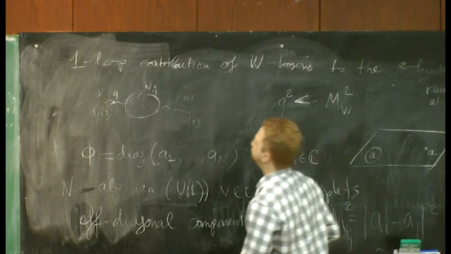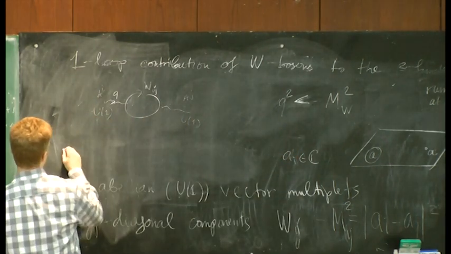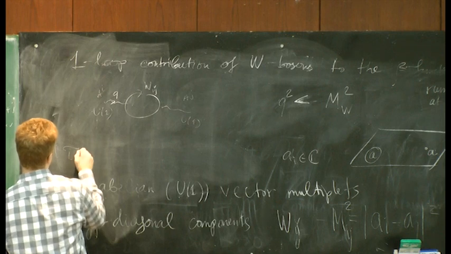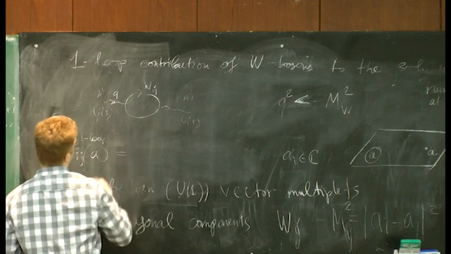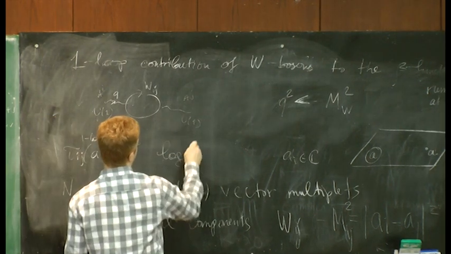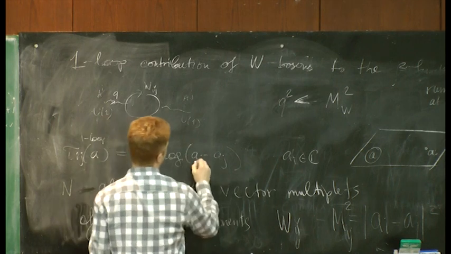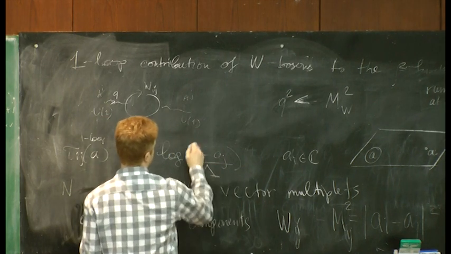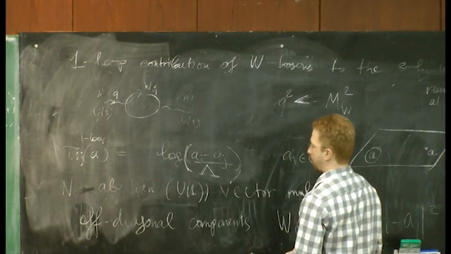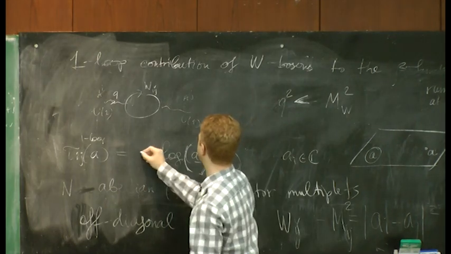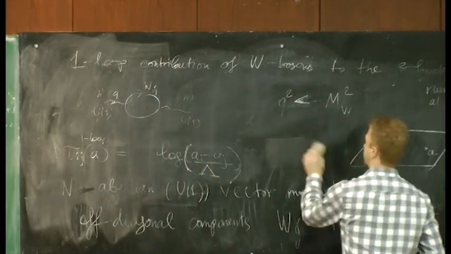So at one loop, tau_IJ is the logarithm of A_I minus A_J divided by some normalization scale, lambda, with some numerical coefficient which I don't want to write down.